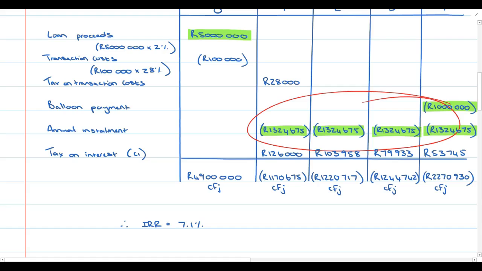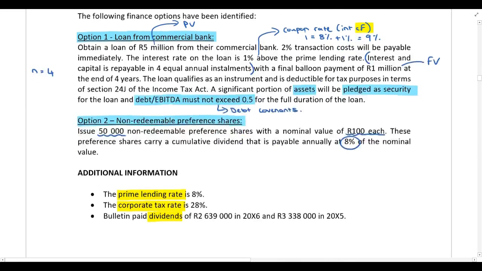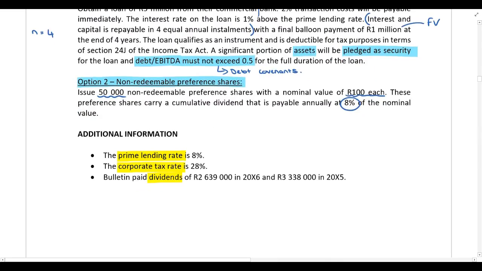On the other hand, the preference shares offer a bit more flexibility because dividends do not need to be paid on preference shares in periods of cash shortages. However, it is important to note that we are dealing with cumulative dividends, or preference shares that carry a cumulative dividend. That means if a dividend is missed in 1 year, so let's say they have a bad year and they don't pay the preference dividend, that does need to be caught up in subsequent years because the preference shares carry a cumulative dividend.